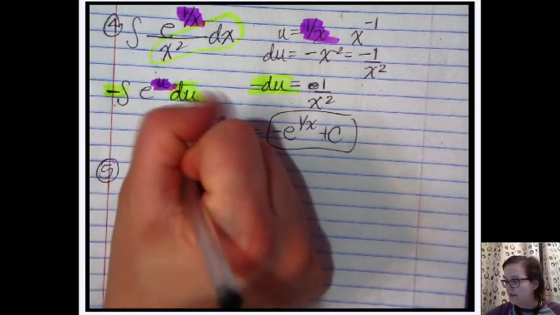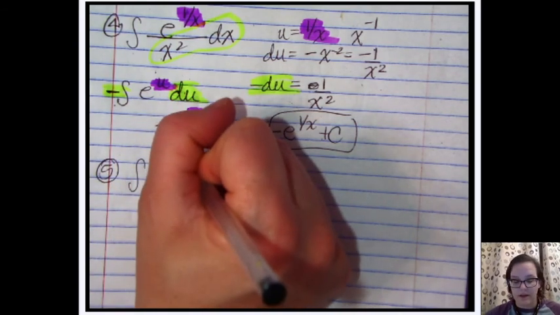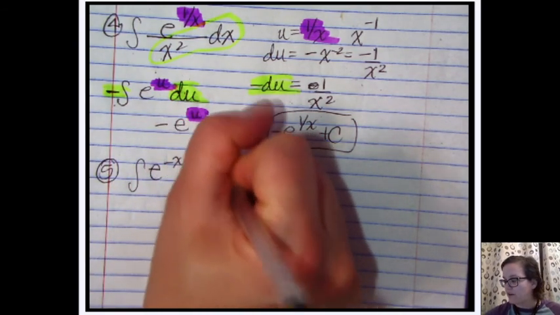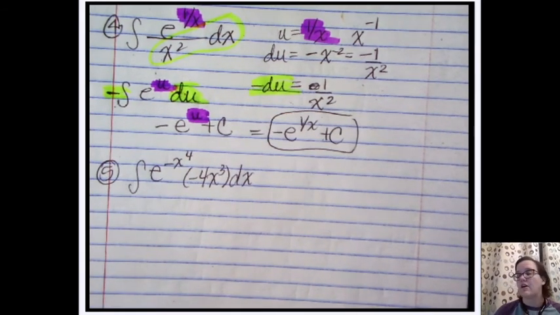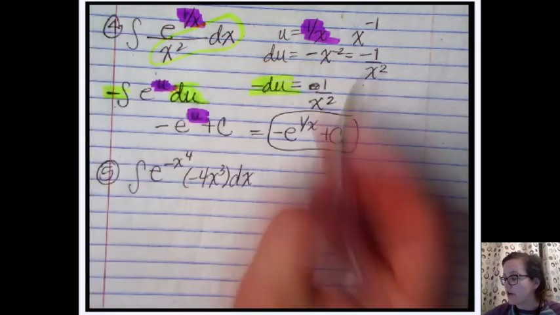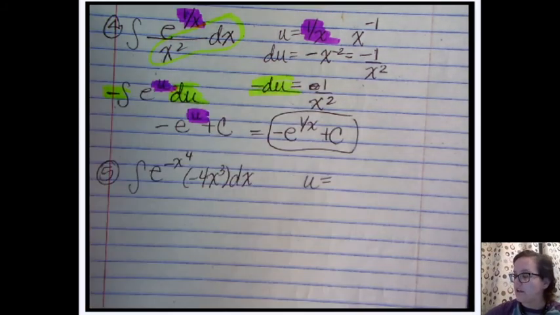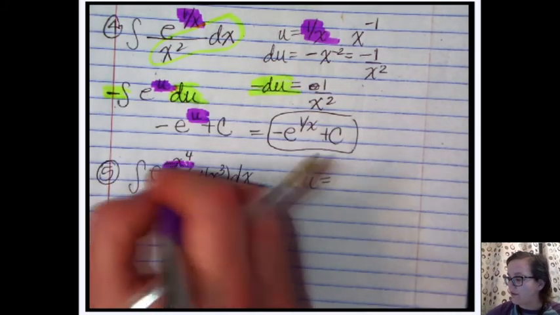And one last one. Let's say I have e to the negative x to the 4th times negative 4x cubed dx. Again, it looks complicated, but if we think about it, I see an x to the 4th. I also see an x to the 3rd. So there is that derivative relationship. So as long as that higher power is up in the exponent, we should be good to go. So we're going to let u equal the negative x to the 4th.